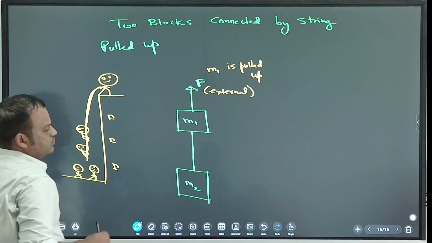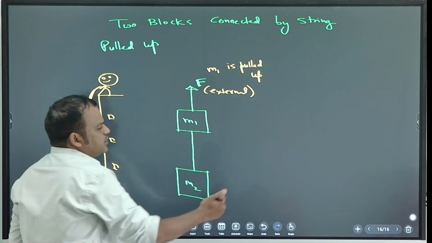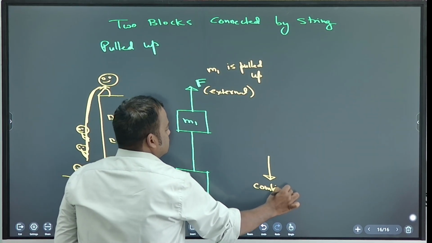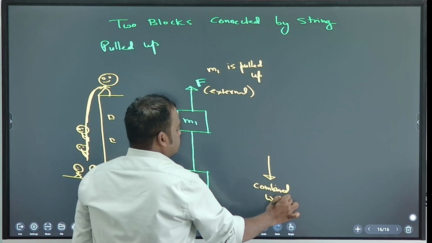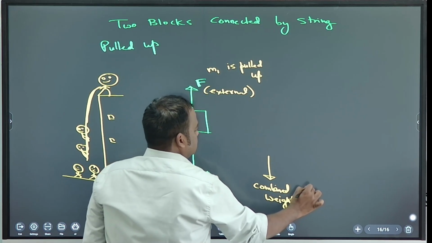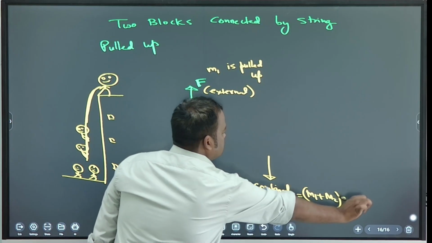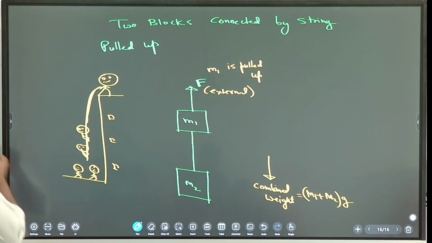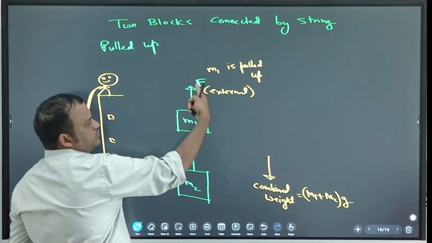Now what is the combined mass? Combined mass M1 plus M2. So what is the combined weight? M1 plus M2 into G. Combined weight M1 plus M2 G. And what is the external force upward?